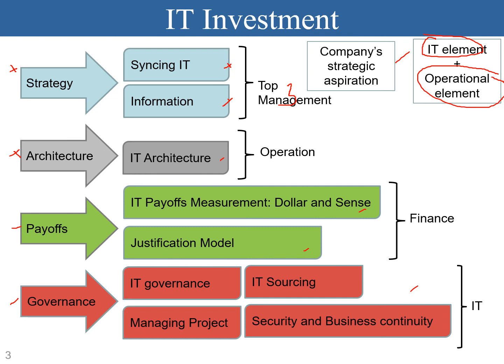This part only consists of 1 chapter, which is IT architecture, under chapter 3. Normally, the operational management team will get involved in this part. So, as I mentioned in the previous slide, IT architecture is about IT assets architecture, IT infra, IT apps, IT data, and how non-IT managers together with IT managers make decisions for the company's competitiveness.